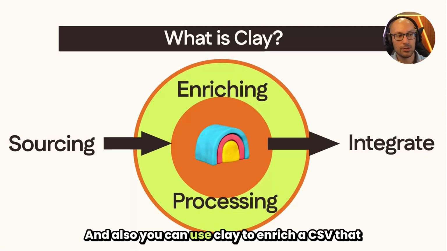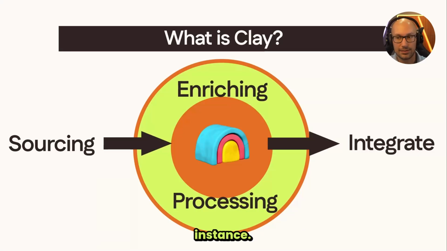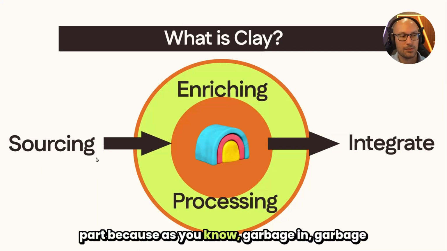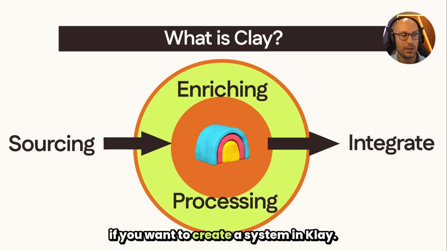You can also use Clay to enrich a CSV that you have from a list of event attendees, for instance. The sourcing part is really important because, as you know, garbage in, garbage out. So it's very important to nail the sourcing if you want to create a system in Clay.